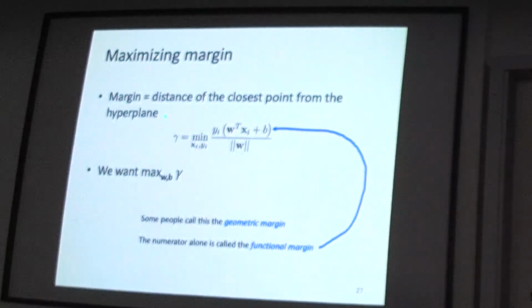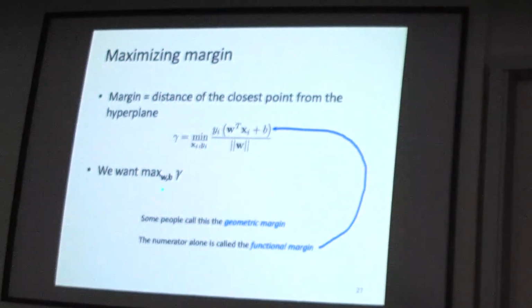So now that we have the margin, we want to maximize the margin, right? That means we actually have to solve a bi-level optimization problem. In the inner level, given the current model parameters, we need to go through every training example to find the margin, which is the smallest distance.